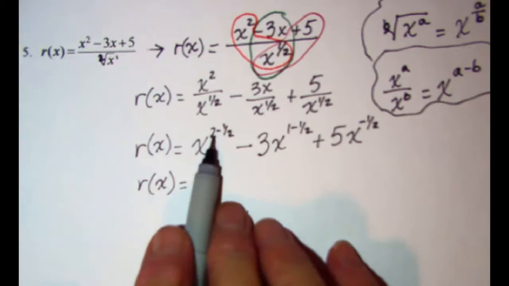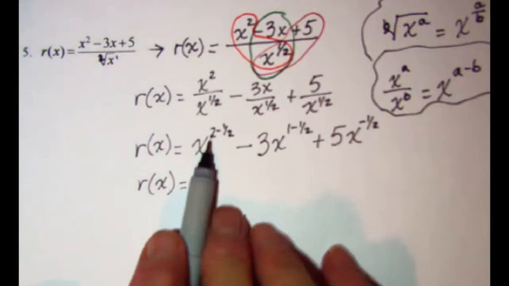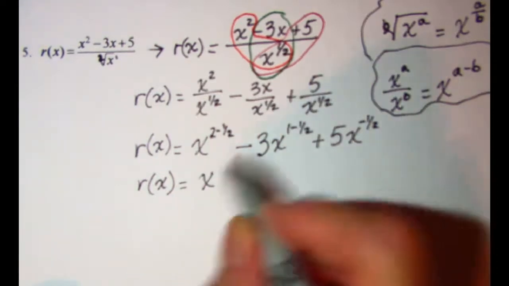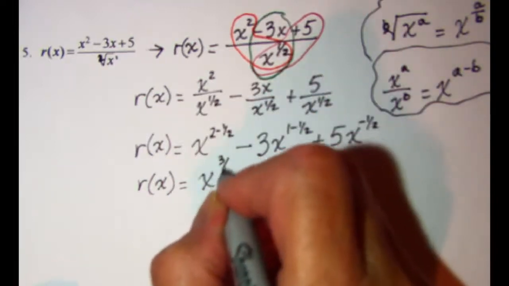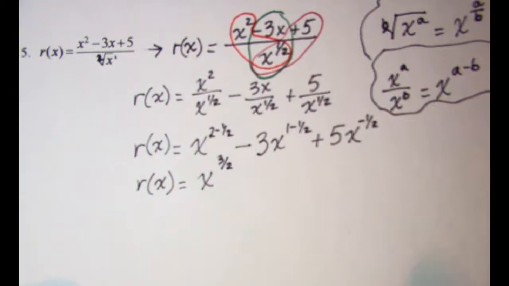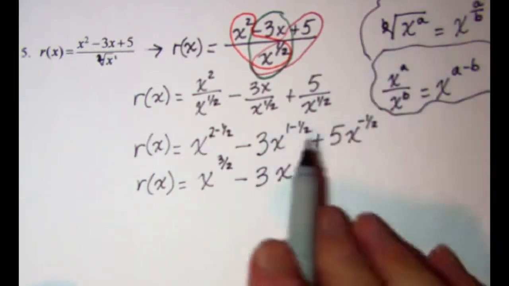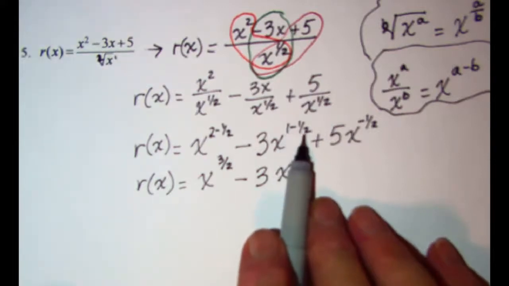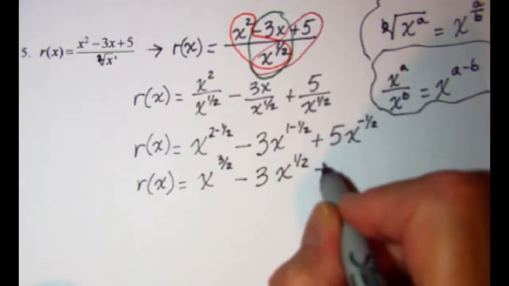I need to subtract these two numbers. 2 is the same as 2 over 1, which is the same as 4/2. So we have x to the 4/2 minus 1/2 will be x to the 3/2. Subtract 3, x to the 2/2 subtract 1/2 will be 1/2. And then just copy this one.